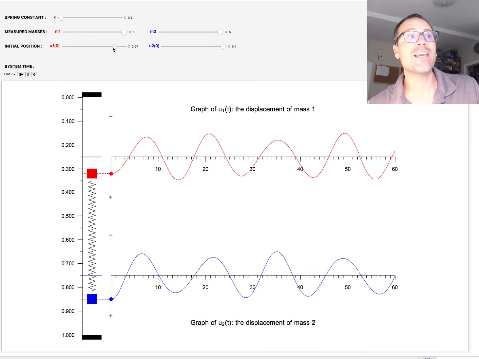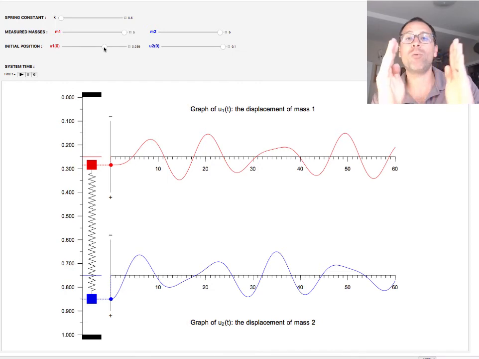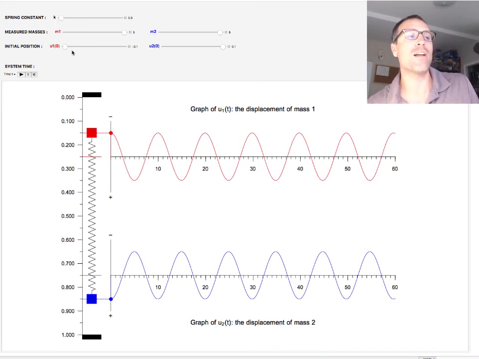On the other hand, if instead of moving both masses the same amount, so I'm pushing both masses here and then they just swing as a normal pendulum would swing that's not connected by a string, if I were to push the masses away from each other the same amount, in other words, I displace the right mass by, in this case, positive 0.1 meters, and I displace the left mass by negative 0.1 meters, notice these are anti-symmetric.